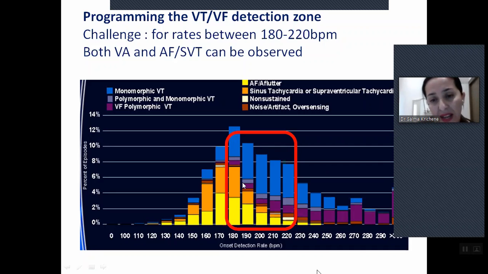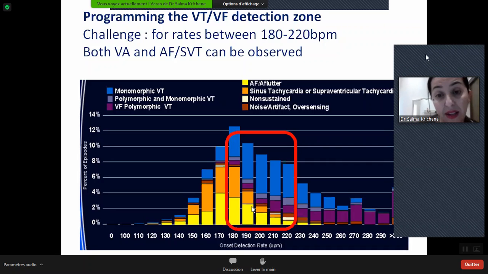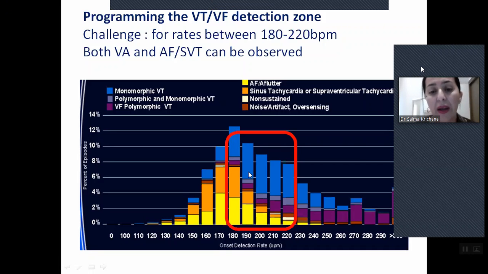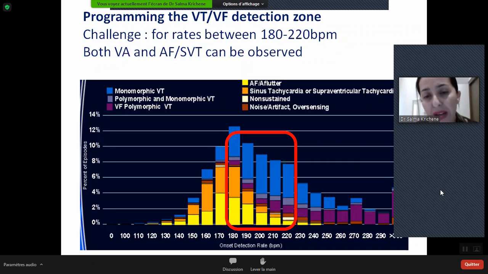In this interval between 180 and 220, we can observe all types of tachycardia, ventricular arrhythmia and supraventricular arrhythmia, including sinus tachycardia. So in this zone, we must program all discrimination algorithms.